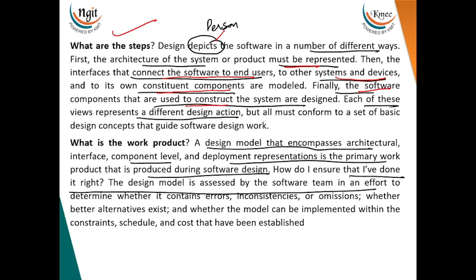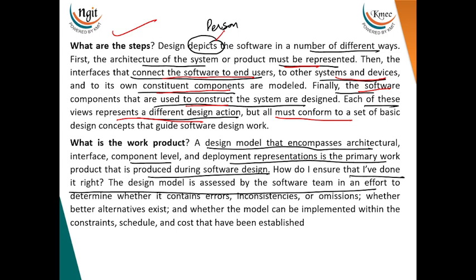Once it is interacted with, or once it gets into modularity, then the system is tested. Each of these represents different design perspectives, but all must conform to the basic design concepts and guidelines.